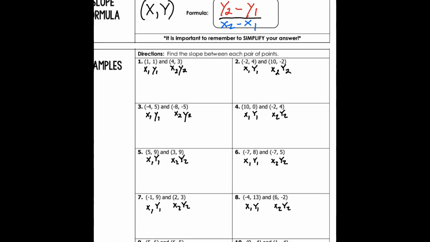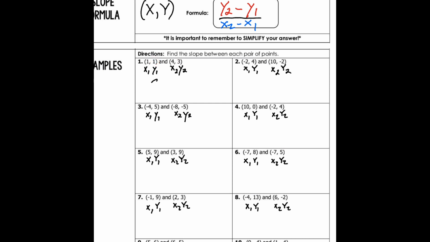Now, once I have all of my points labeled, it's just a matter of plugging in to the formula. So for number 1, my formula says y2 minus y1. I look and I see, okay, my y2 is 3 minus my y1, which is a 1.